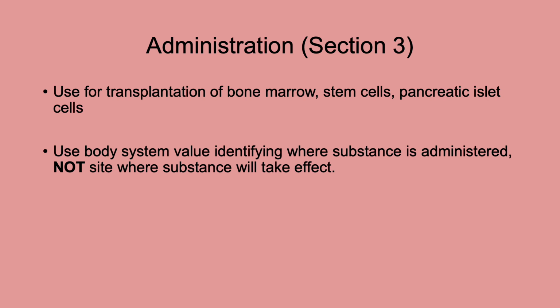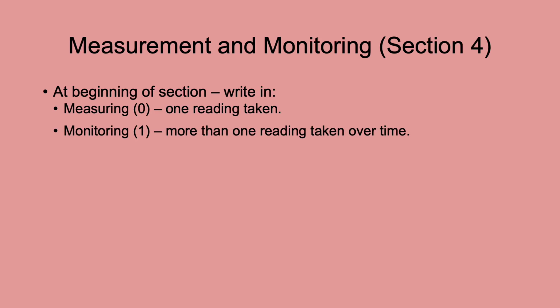So if you administer something into an artery and it's supposed to work on the pancreas, the body system value is the artery, not the pancreas. For measurement and monitoring, section 4, just write in: measurement, 0 is 1 reading; monitoring, 1 is more than 1 reading over time, just to clarify this.